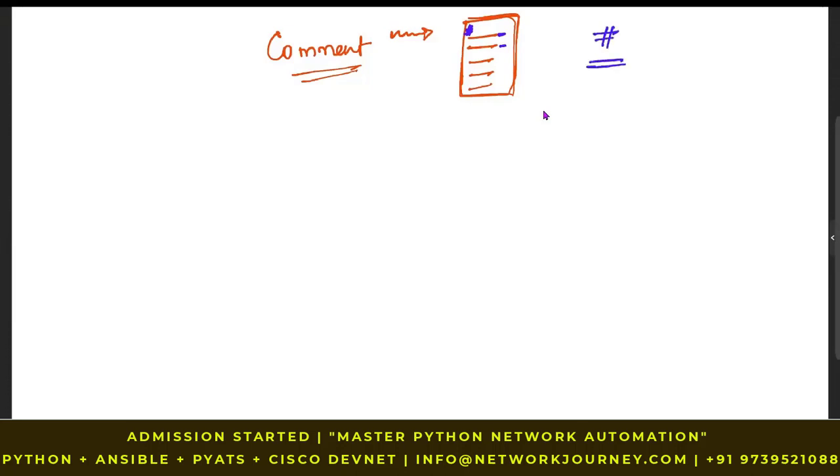This hash symbol can be used to put my labels or my message to say that the next line is expecting this, or the next block of lines are written to handle this. Like, if I or someone else from my team goes back to that script after 6 months and wants to make some change, he is aware what that is for and he can easily make some changes.